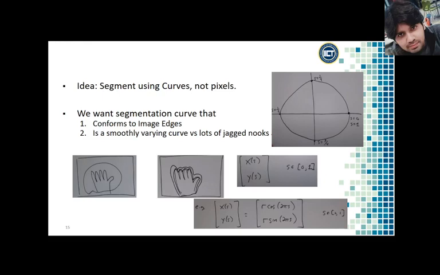So it's a kind of continuous change, and this is the equation where we use the parametric space rather than the Cartesian coordinate system. And if you remember, in the Hough transform we did use the parametric space because in the Cartesian coordinate system there could be some problems when detecting lines and edges.